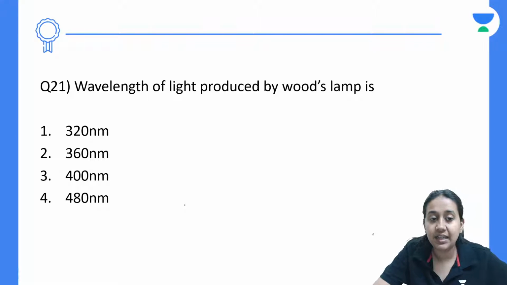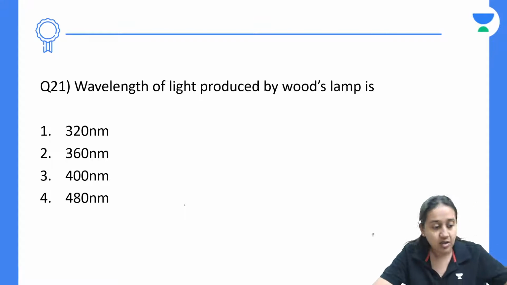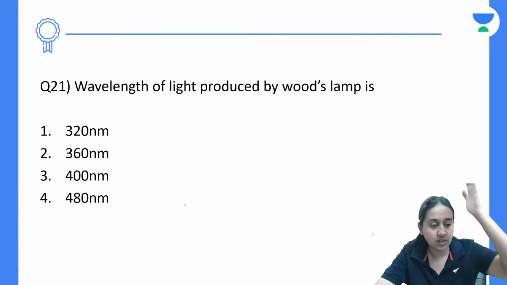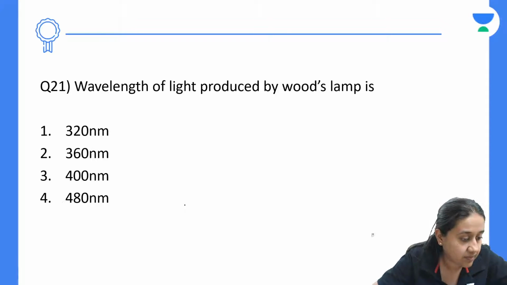Can anybody tell me what is the wavelength of ultraviolet rays emitted by the Wood's lamp light?